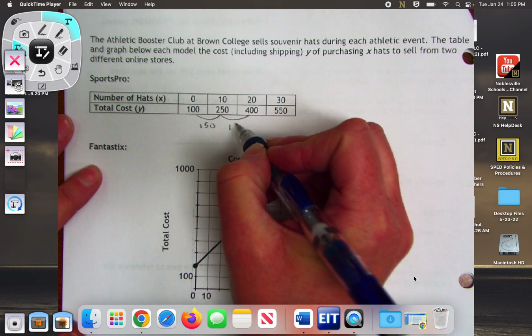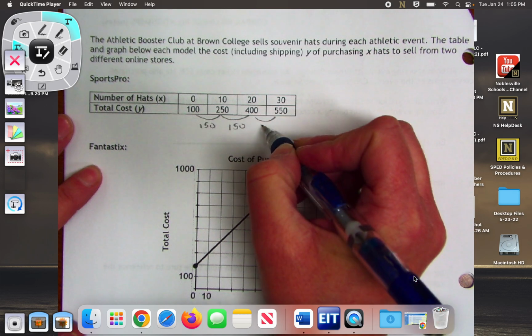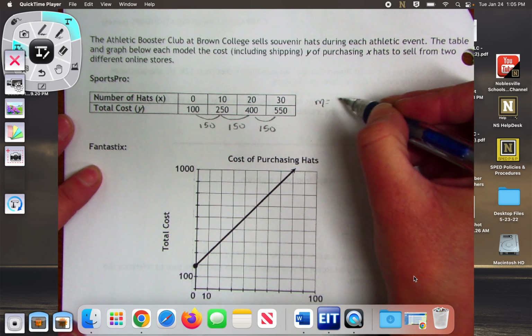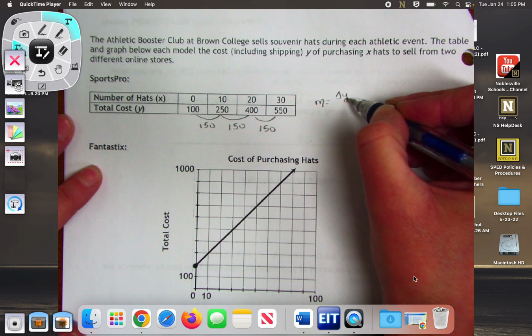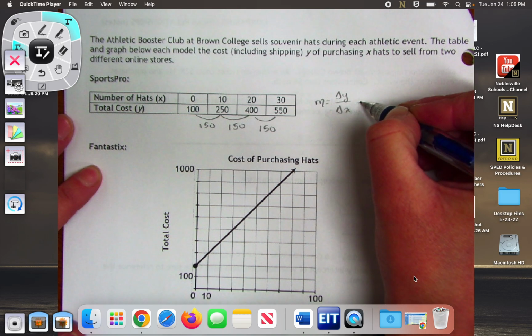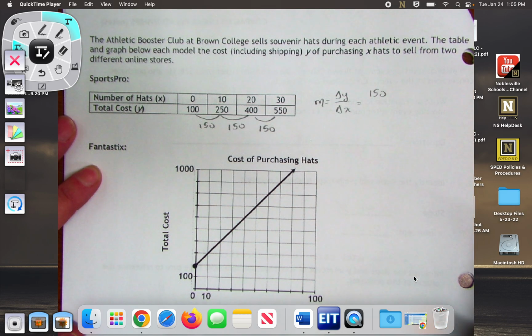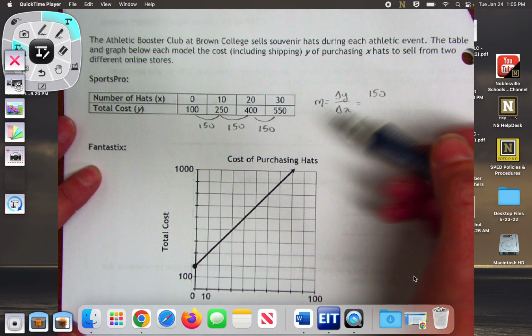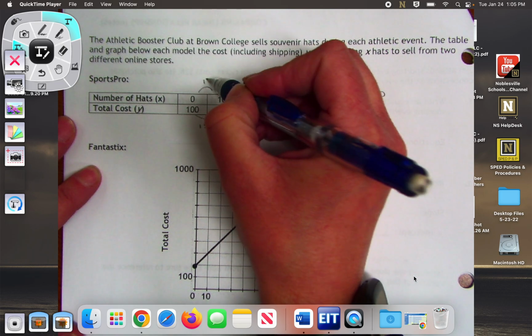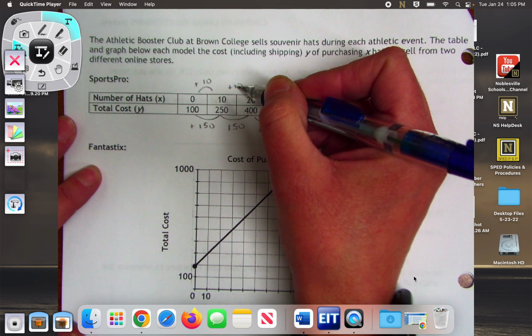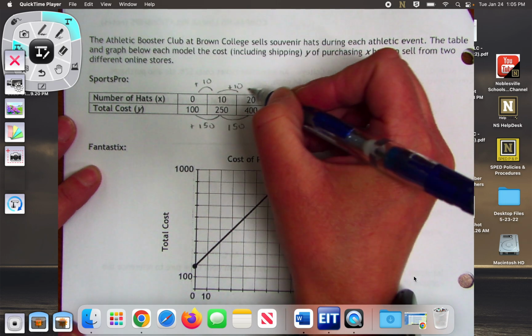From here to here, it goes up 150. From here to here, it goes up 150. So remember, our slope is change in y over change in x. So my change in y is $150, and my change in x is it's going up 10 hats each time.